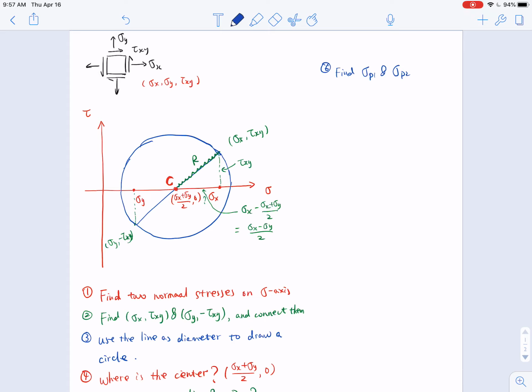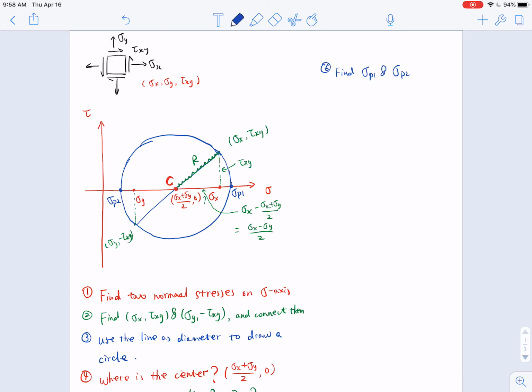Just look at the sigma axis: what is the maximum value possible, and what is the minimum value possible on the circle? Obviously, here is your maximum value, this is sigma p1, and this is your smallest value, that is sigma p2.